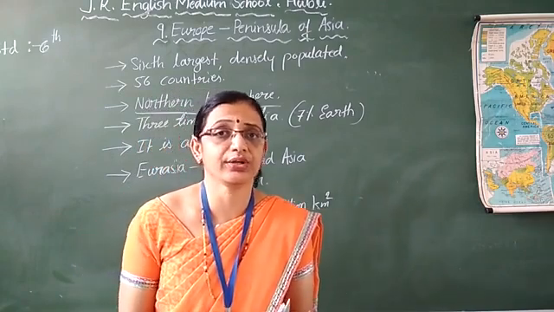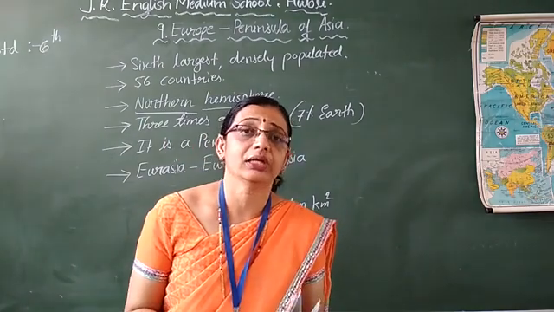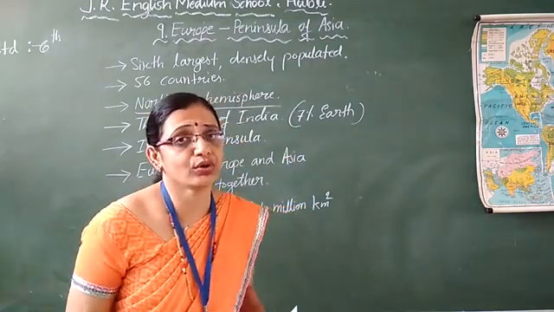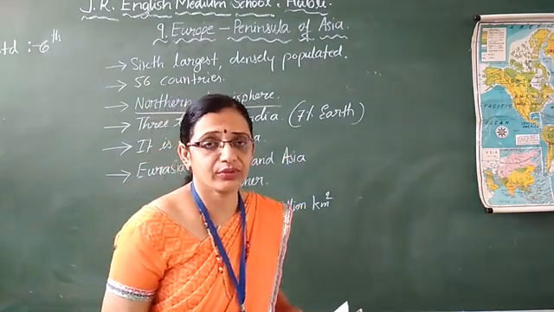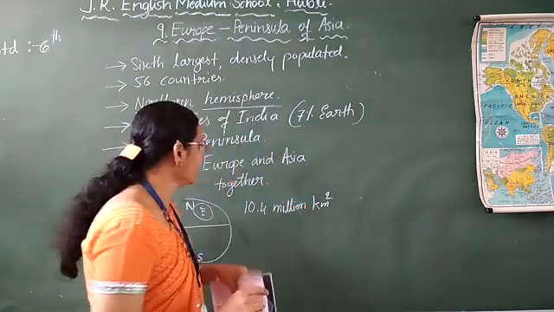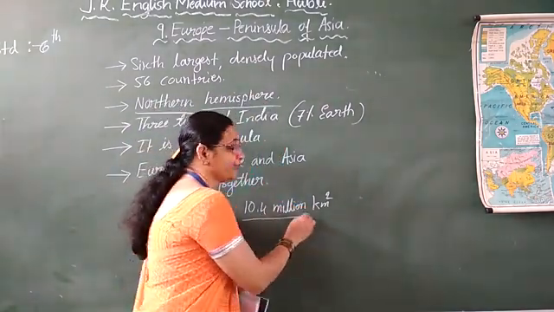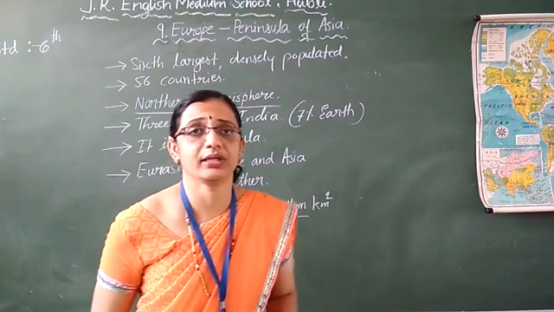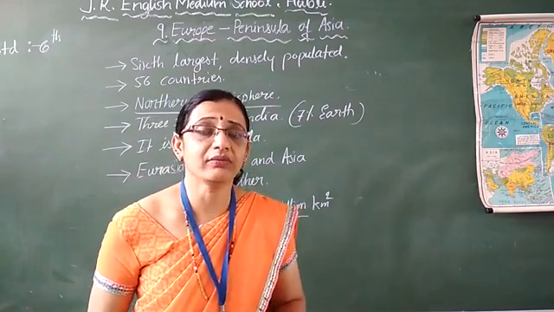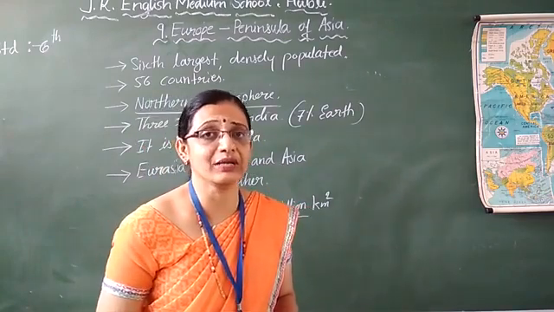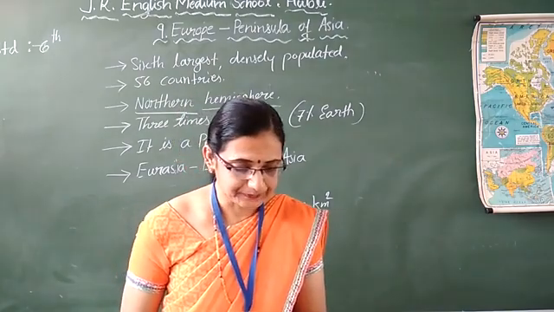If 3 Indias are joined together, whatever the area is, that is the area of the Europe continent. Its size in square kilometers is 10.4 million square kilometers, which is 3 times India's size.